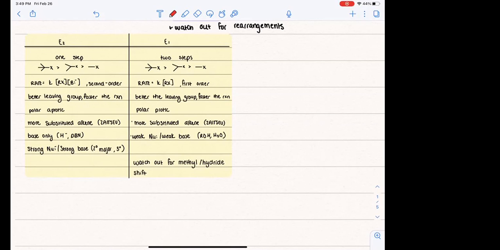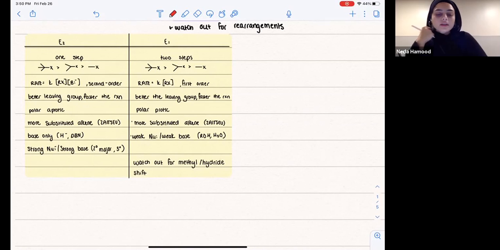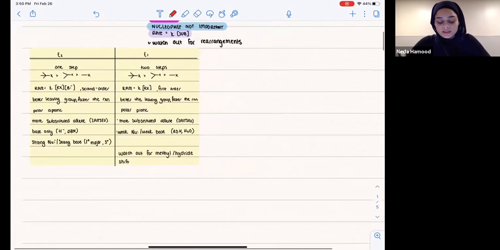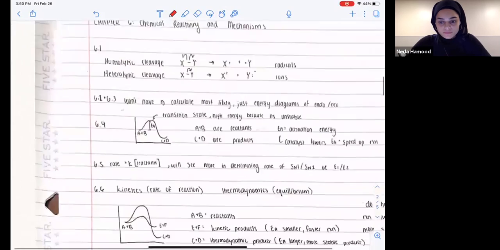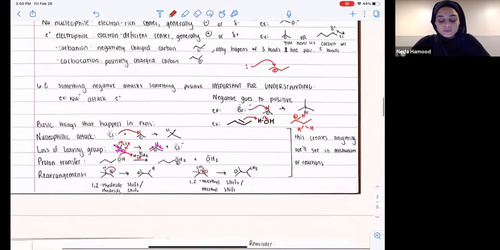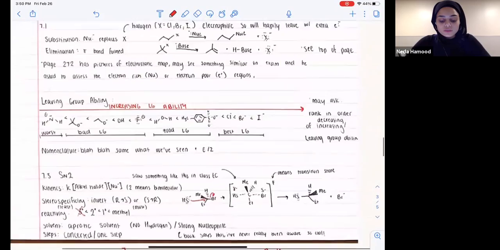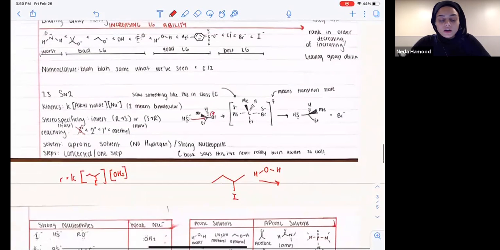I know that Sn1 and Sn2 cannot work with bulky bases. Yeah, something like tert-butoxide wouldn't react with Sn1 or Sn2. Both E1 and E2 react with bulky bases, it just depends on which product is going to be the major product or the minor product. Cool.